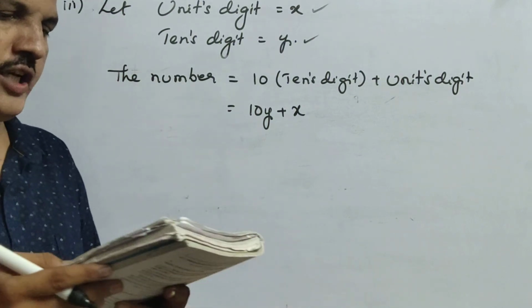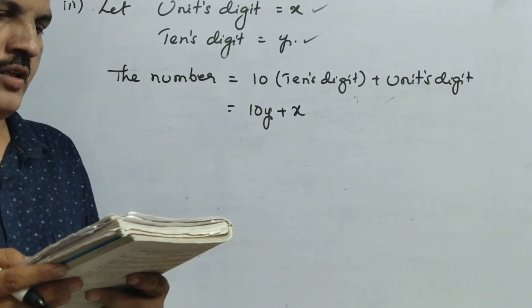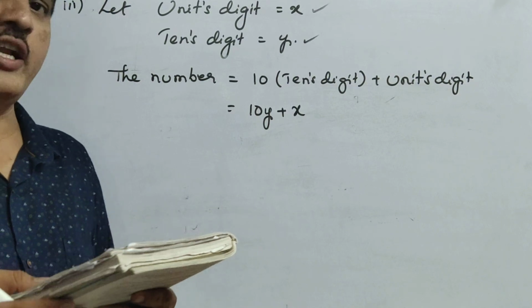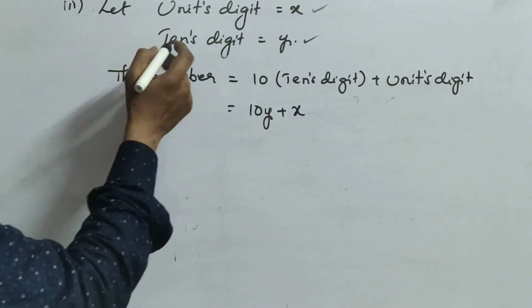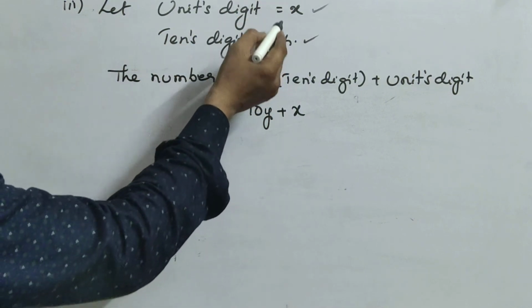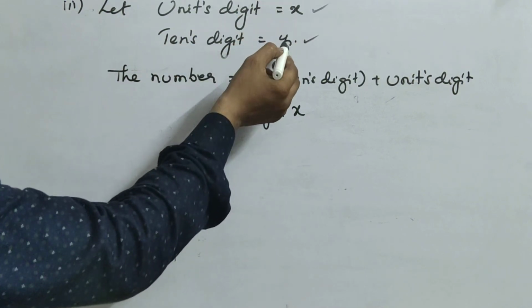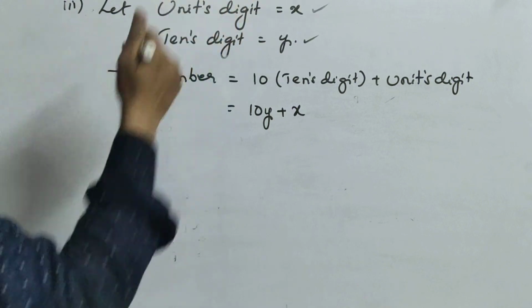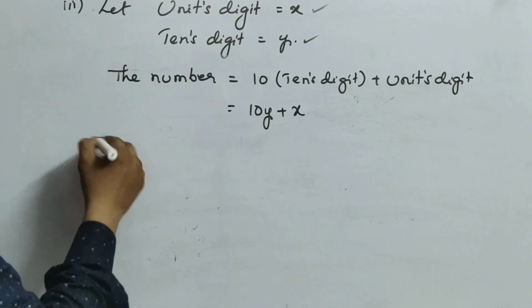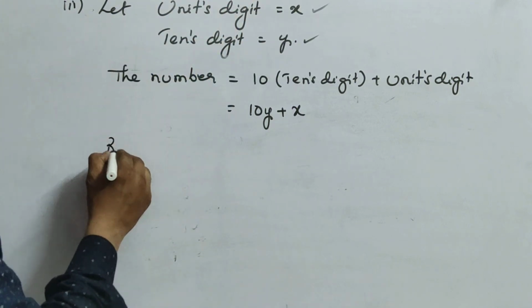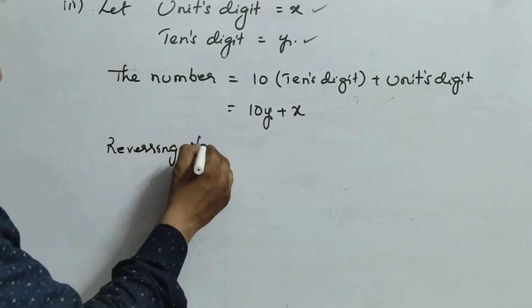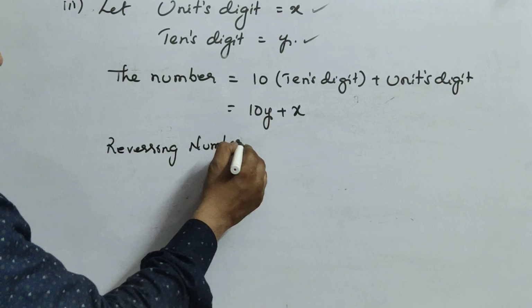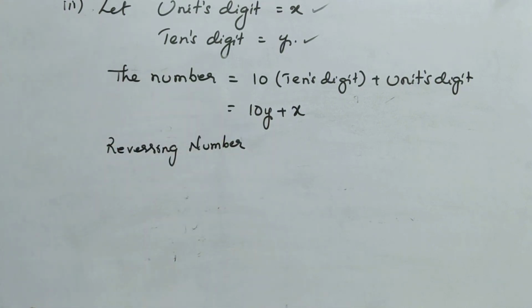Next, in the question again, if you see, reversing the order, that means the order is reversed. That means the tens digit comes to the units place, and the units digit goes to the tens place. That means interchanging the digits.